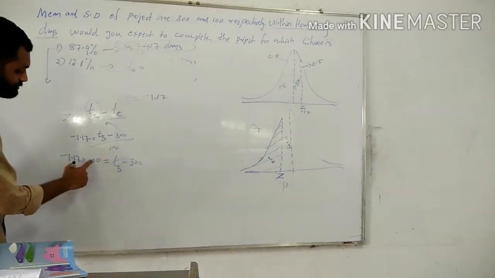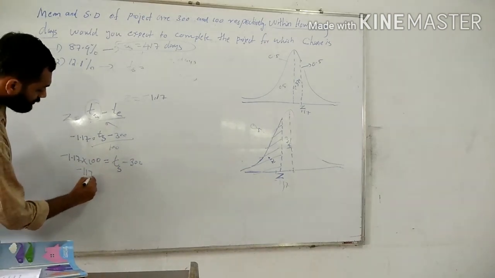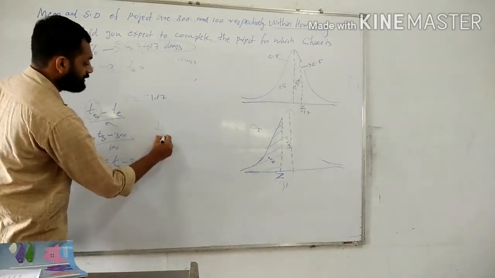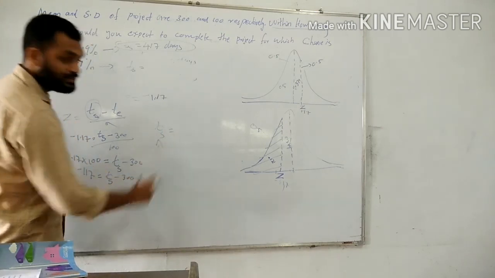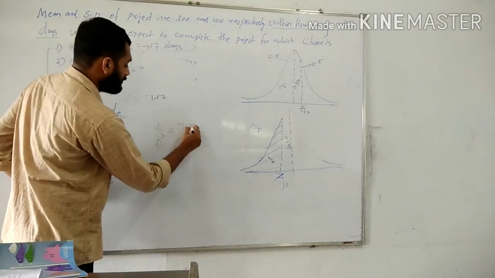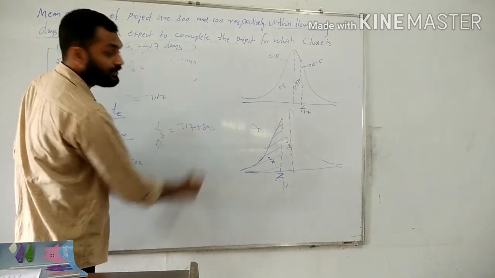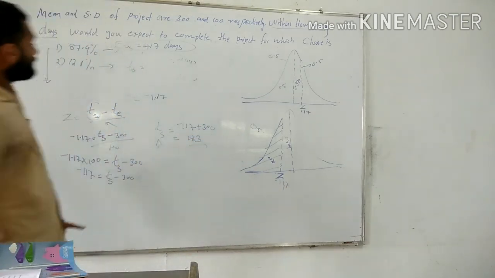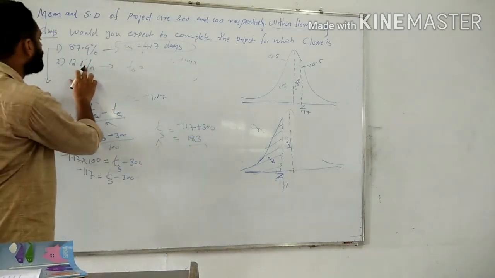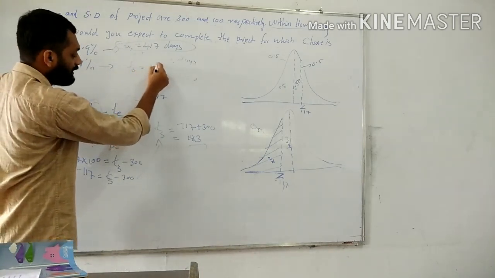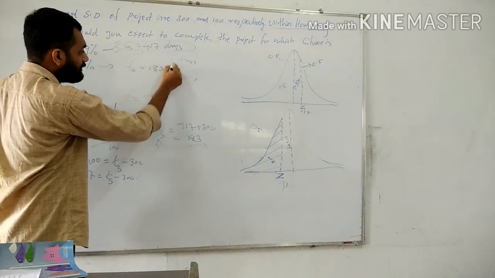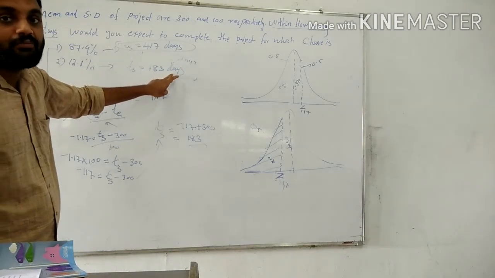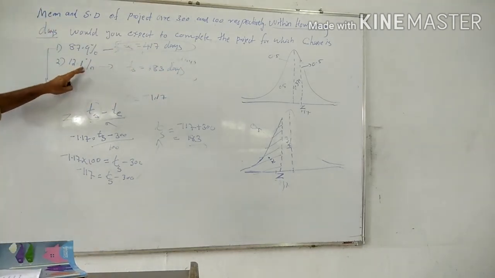Minus 1.17 into 100 is equal to minus 117, equal to TS minus 300. TS is equal to minus 117 plus 300, that is 300 minus 117, which is 183. So the scheduled time for 12.1% is 183 days. That means within 183 days, the project will complete with a probability of 12.1%.